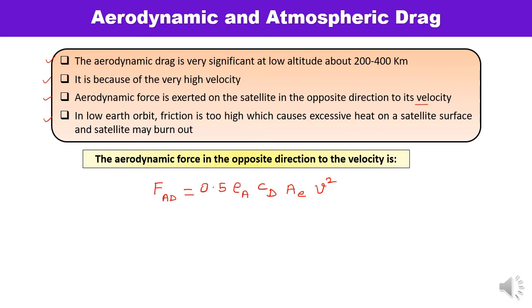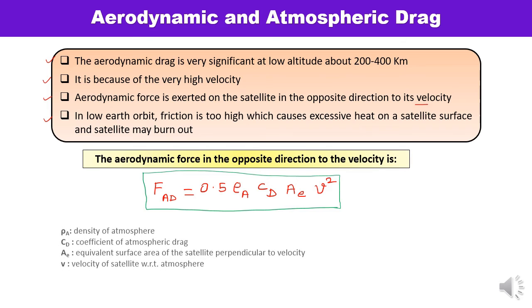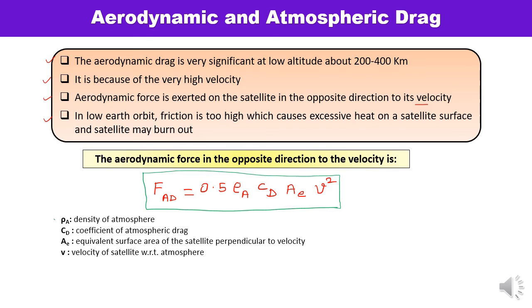So the aerodynamic force which is acting in the opposite direction to the velocity can be calculated from this formula: F is equal to 0.5 times rho_A into CD into AE into V square, where rho_A is the density of the atmosphere, CD is the coefficient of atmospheric drag, AE is the equivalent surface area of the satellite, and V is the velocity of the satellite with respect to the atmosphere. See, you must remember it's a minus 0.5.